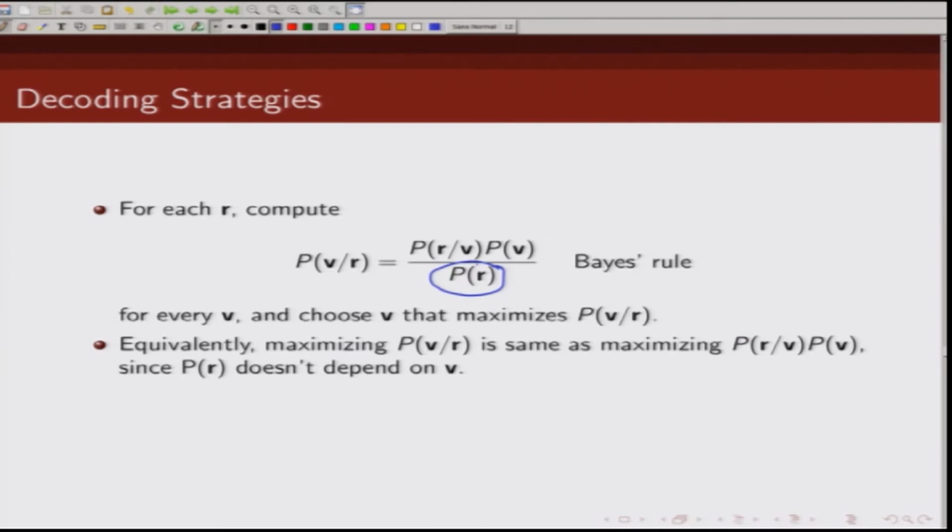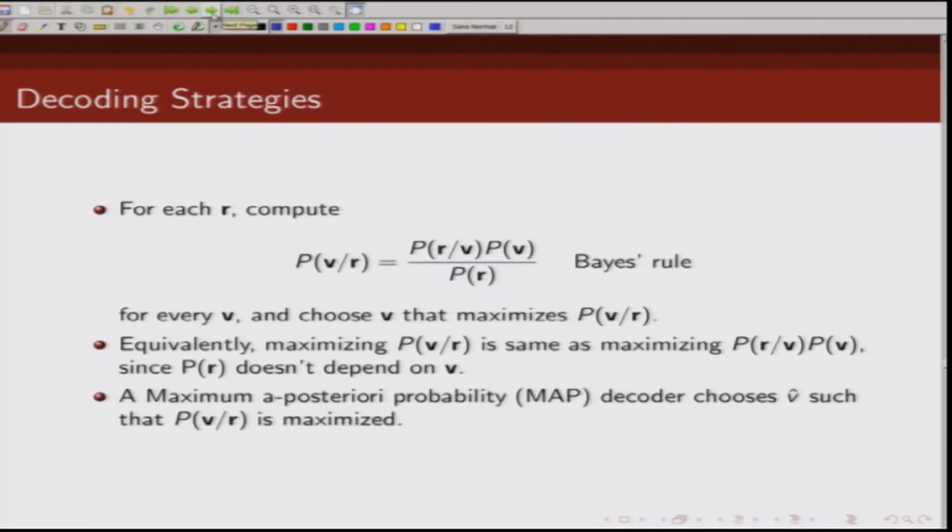So, if we want to minimize the probability of error, we want to maximize this quantity. And a MAP decoder, a maximum a posteriori probability decoder, is the one which will do exactly that. It will choose a V hat such that this probability is maximized.